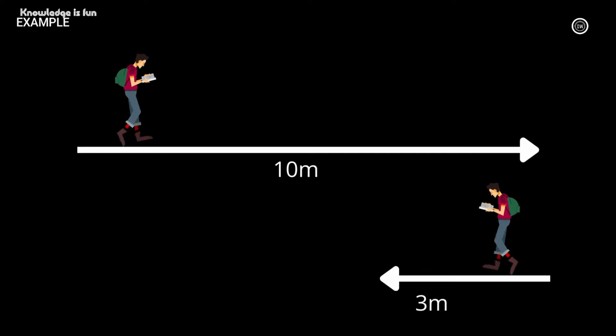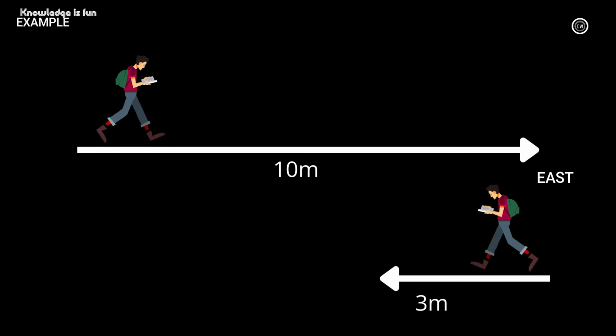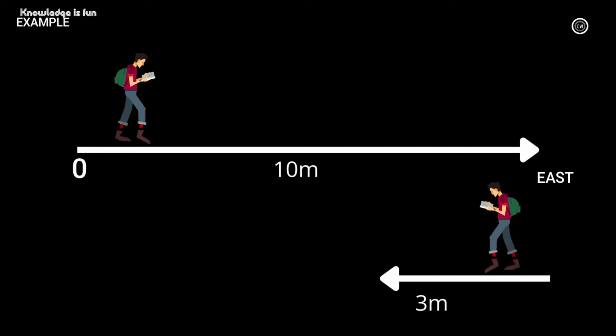Let me give you an example that distinguishes distance from displacement. If a boy goes to school, the boy walks to school 10 meters east. So the boy moves from position 0, 10 meters to a school, okay? And let's say the boy returns back 3 meters west.